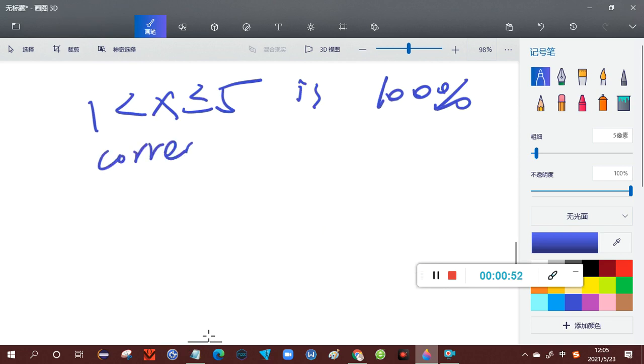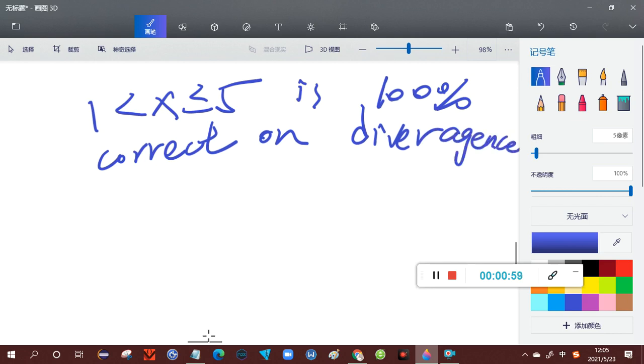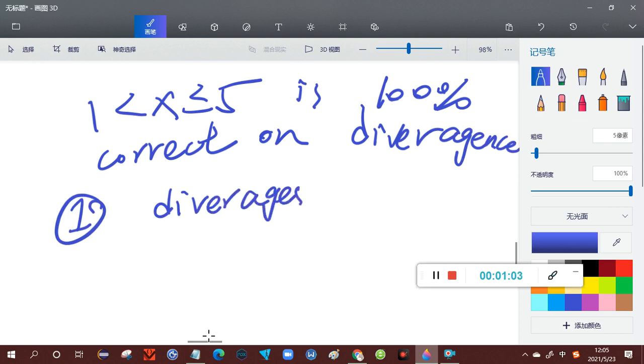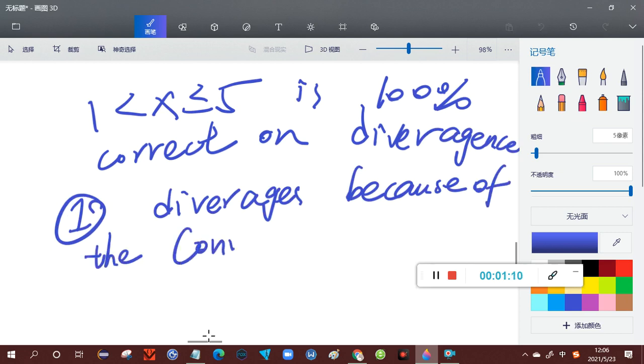On divergence, there still might be a chance that x equal to 1 diverges because of a failed convergence test.